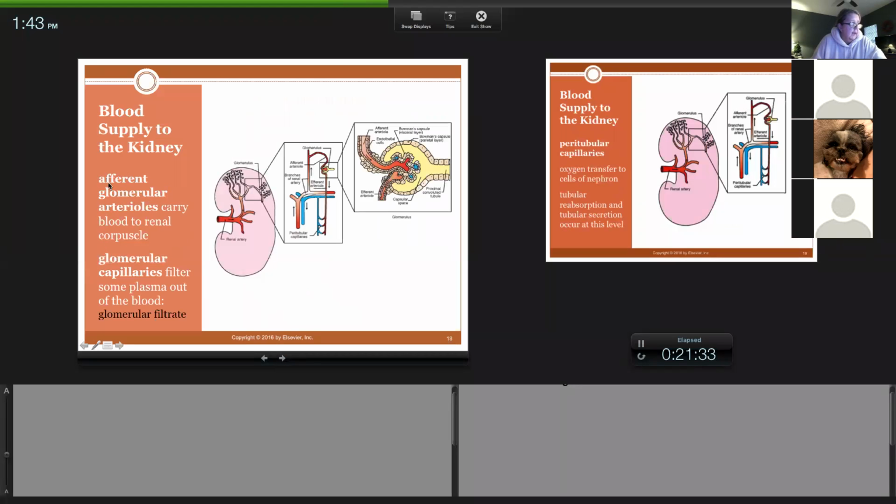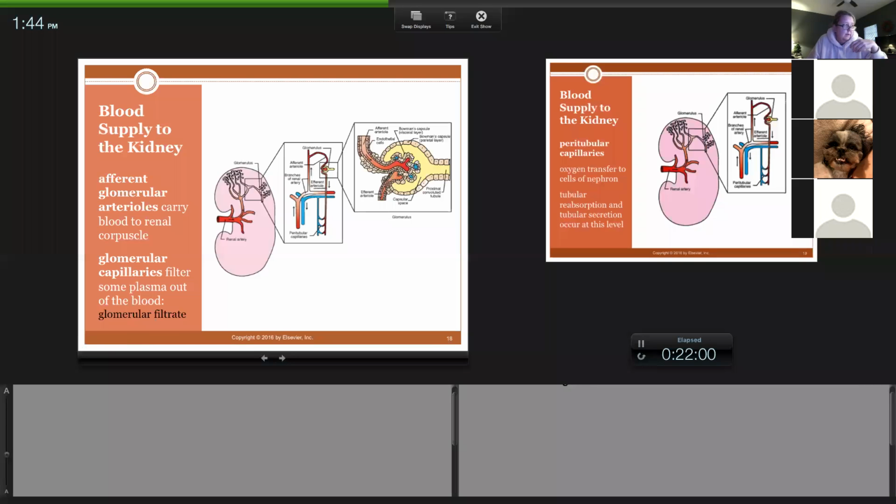Okay, so an afferent glomerular arteriole carries blood into this capsule. The glomerular capillaries in here are going to filter out the plasma. The plasma is the water component of the blood, so some of that plasma gets pushed out. And again, things that are soluble are in the plasma, not only body water, but other components.